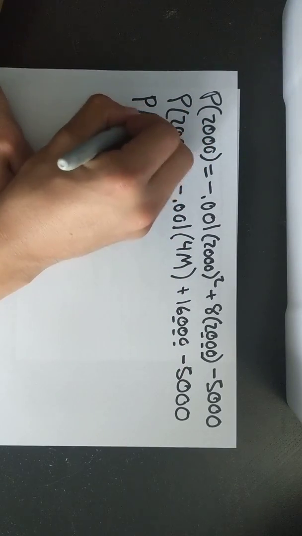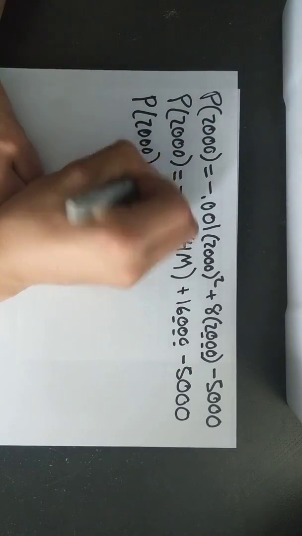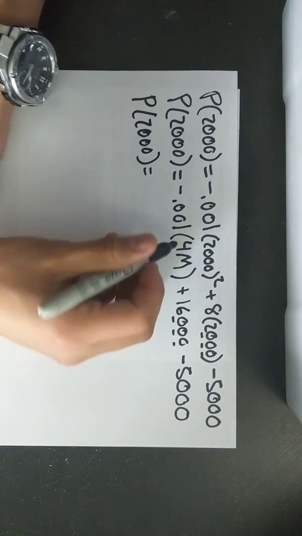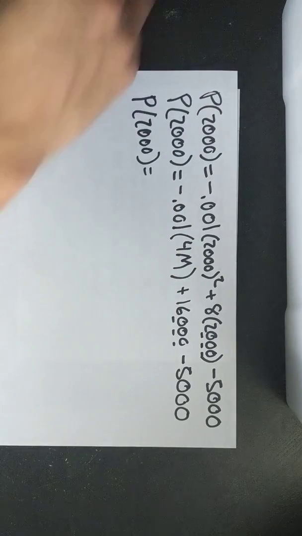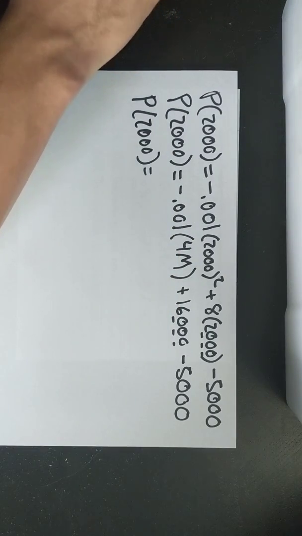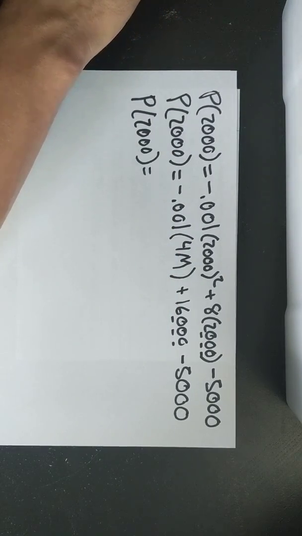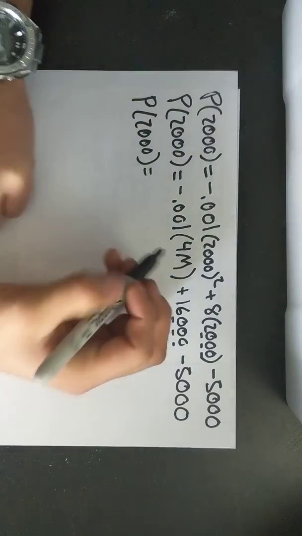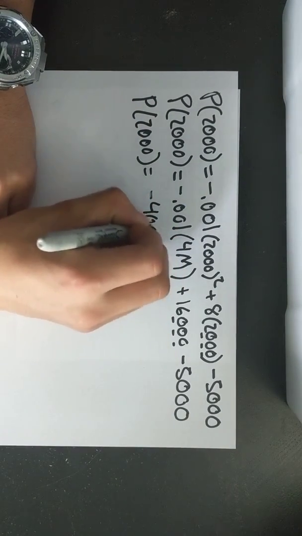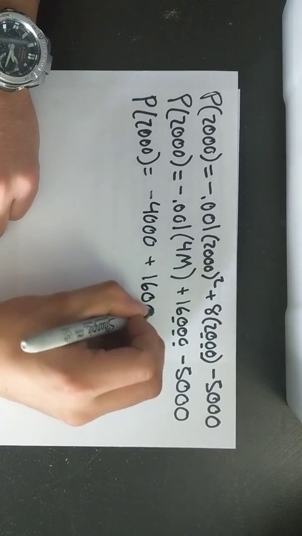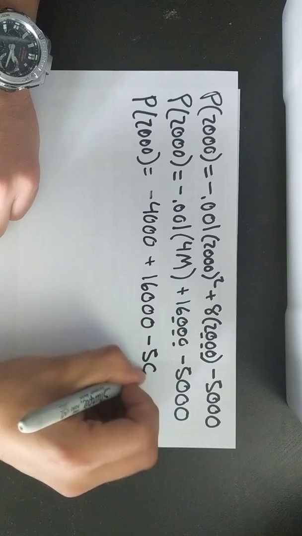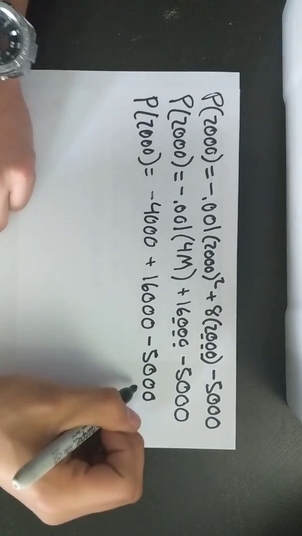So P of 2,000 equals 4 million times negative 0.001. So I'm going to do this times 1. So we have negative 4,000 plus 16,000 minus 5,000, right?